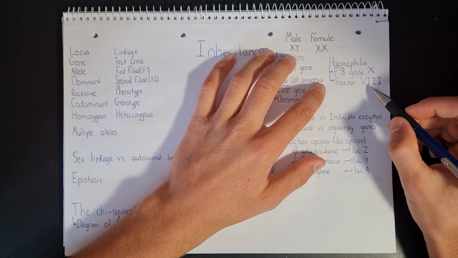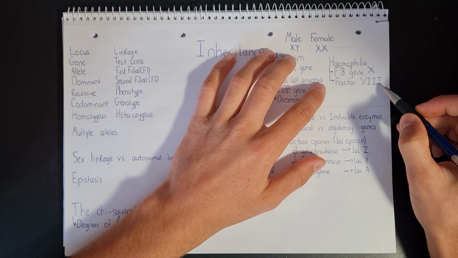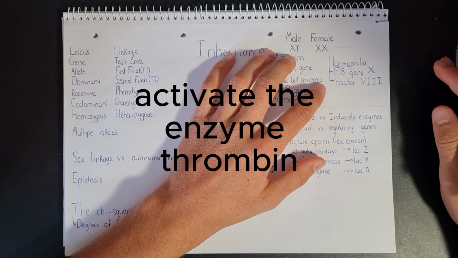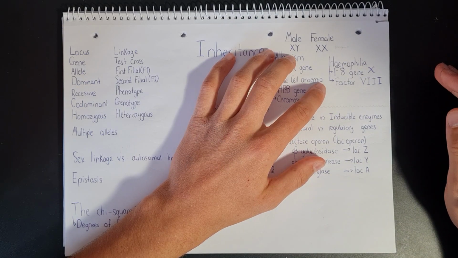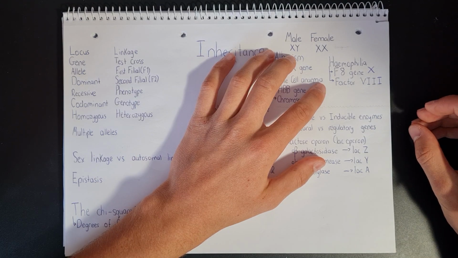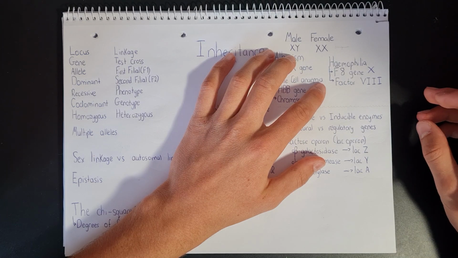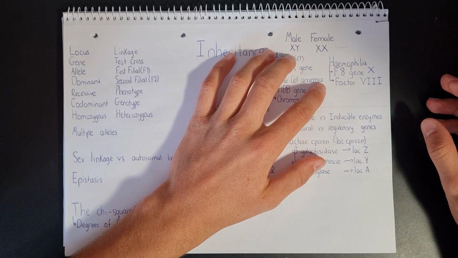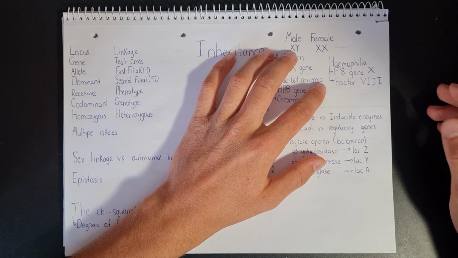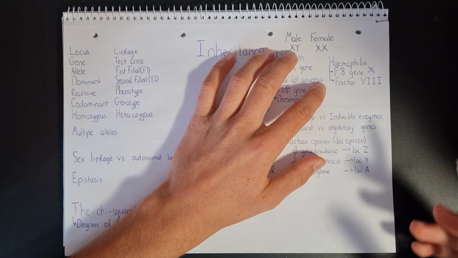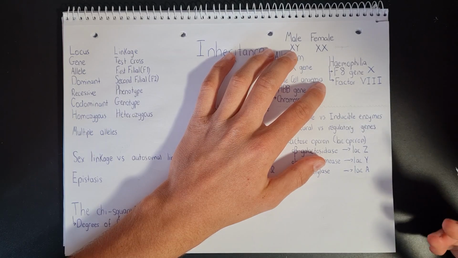Now, the factor VIII protein, if it's properly functioning, will... and the enzyme thrombin will then catalyze a reaction which produces the insoluble protein called fibrin. Fibrin is very important in blood clotting. So we can see that without factor VIII, the insoluble protein fibrin will not be produced.